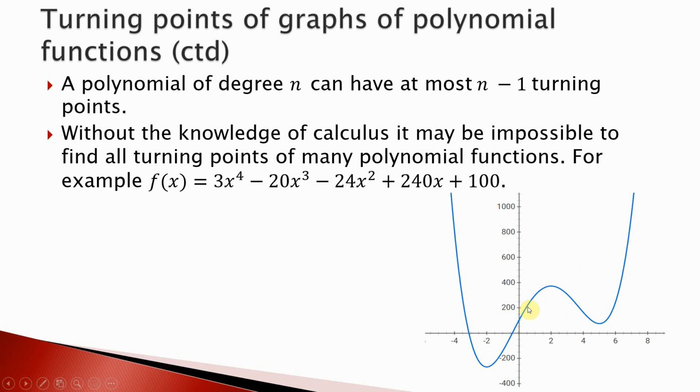Sometimes there won't be any turning point, so it can go like that. Okay, so we cannot find this behavior without calculus or a computer. It can go like that without having any turning point in this part. So that all depends on the given function and these coefficients.